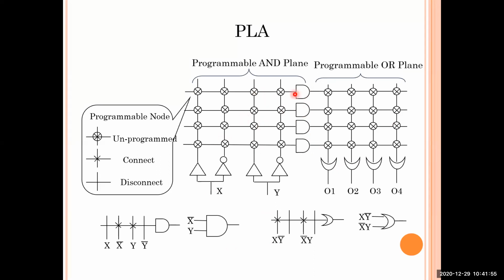If you are writing a Boolean equation, let it be y equals AB plus CD. Then A, B, C, D are the inputs. These are the variables used as inputs to the AND plane. So now this becomes A, B, C, and D.